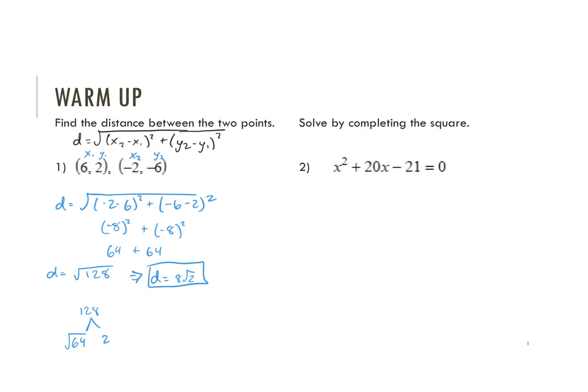As a reminder, this is whenever you have an expression like x squared plus 6x plus 9. If we wanted to factor this, what two numbers multiply to 9, add to 6? Well, that would be x plus 3, x plus 3, which would simplify down further to x plus 3 squared.